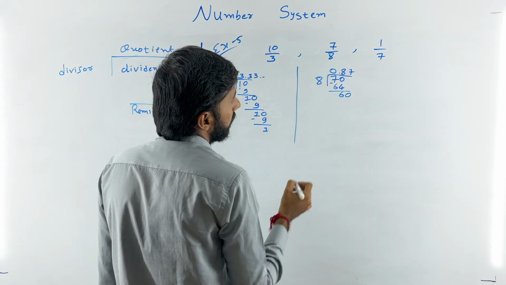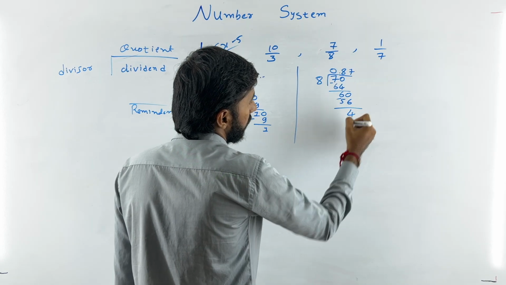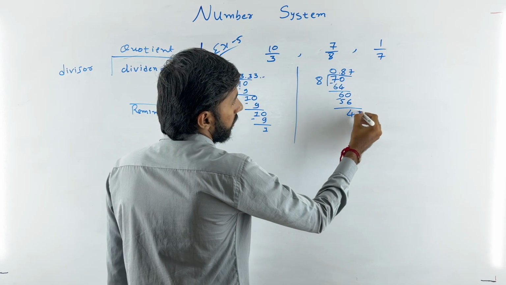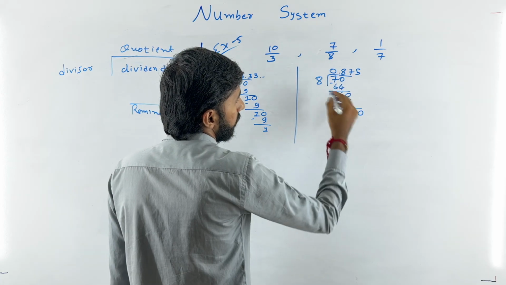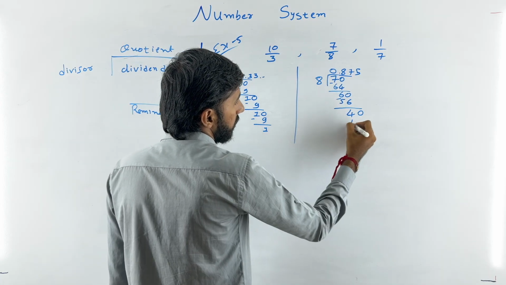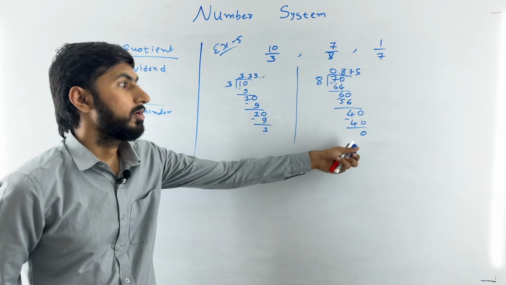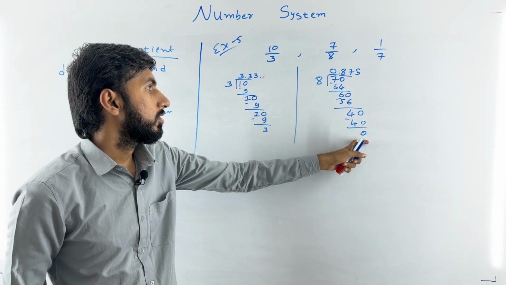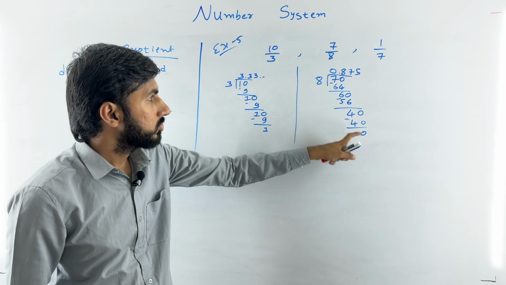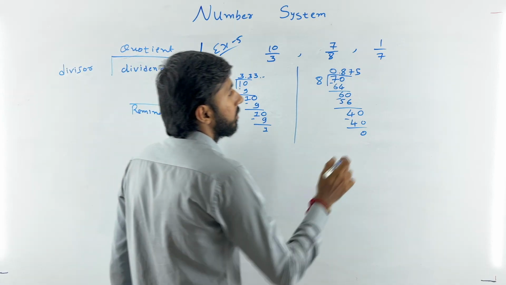Now here I will get 8 7s are 56. I will get 4 here. Again I have to put 0 here. Now here I have to put 5 because 8 5s are 40. 40 divided by 40, now the remainder becomes 0 here. So the process of dividing is stopped because we got remainder 0.